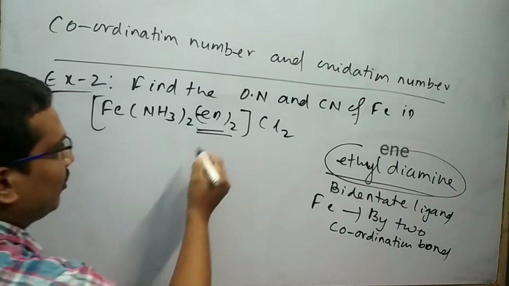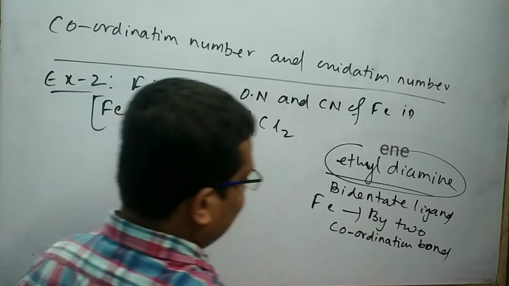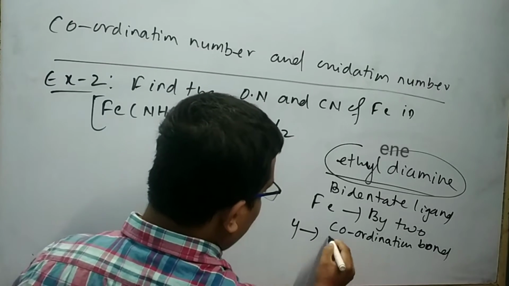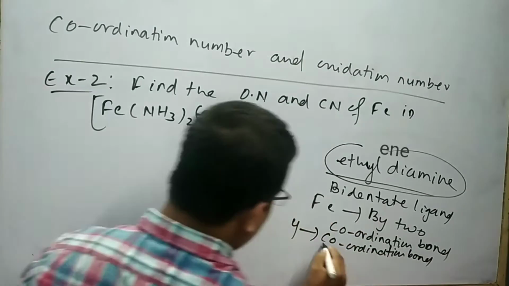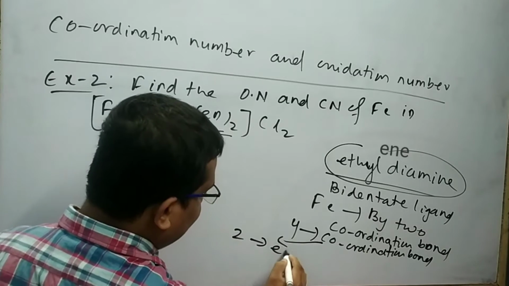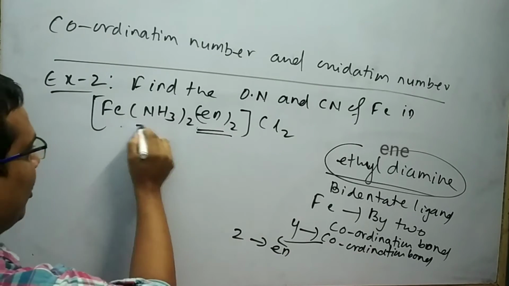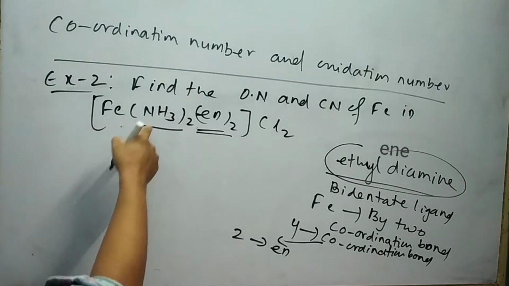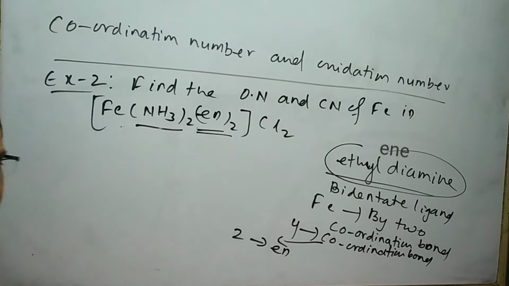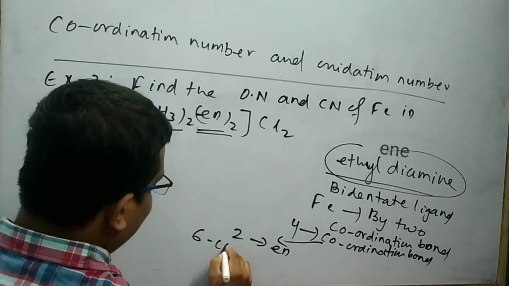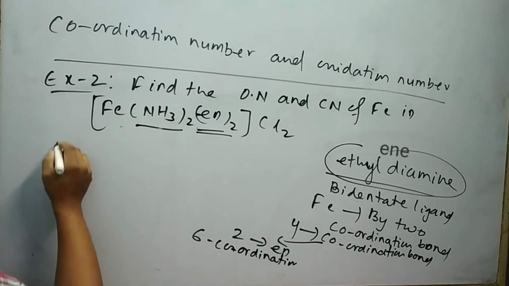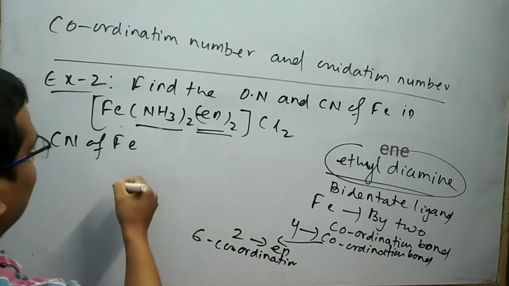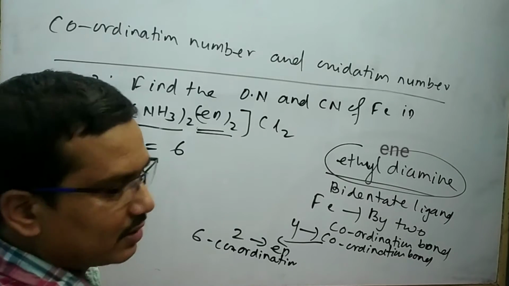There are two en, which means there are four coordination bonds due to two en. Here two monodentate ligands are present, that means two coordinate bonds are due to two NH3 ligands. That means there are totally 6 coordination bonds. As a result, the coordination number of iron in this compound is 6.